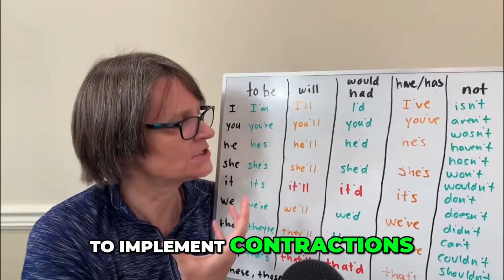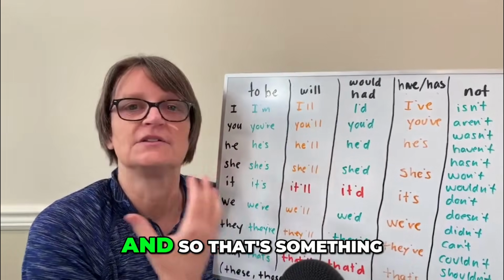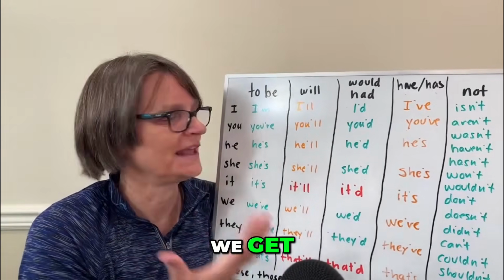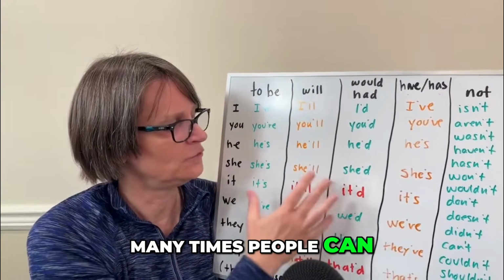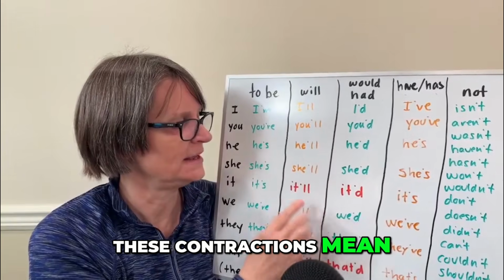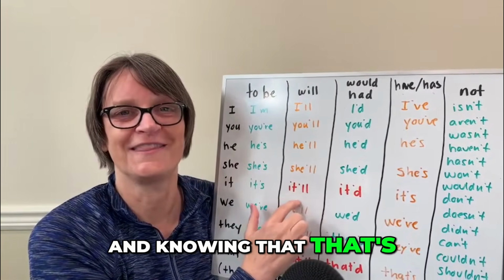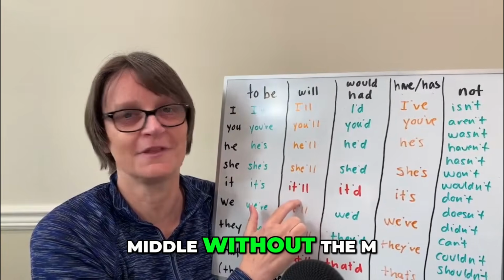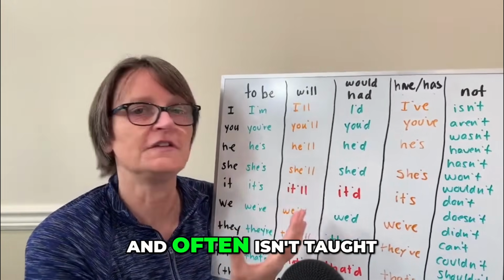Another factor is how we actually pronounce these, and so that's something we'll talk about when we get to how to use them as well, because many times people can read and understand and listen and hear what these contractions mean, but looking at something like it'll and knowing that that's pronounced the same as middle without the M, it'll, isn't straightforward, isn't clear, and often isn't taught.